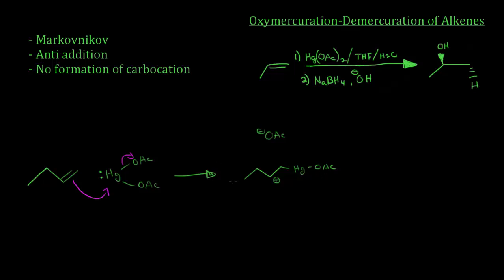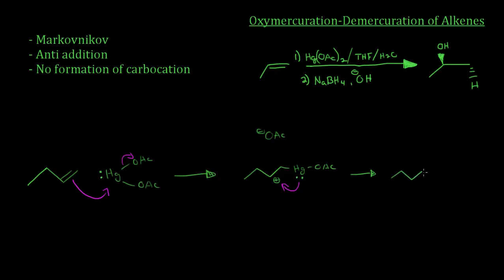But in this case, this next reaction happens so fast that it does not have time to move to form a more stable carbocation. So what happens next is these electrons actually attack the carbocation here, and you get the next intermediate.